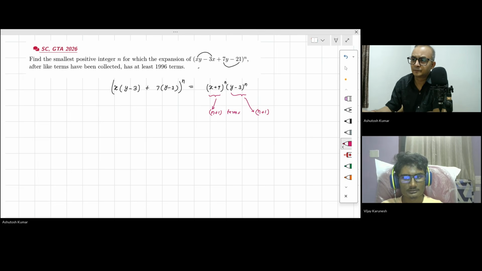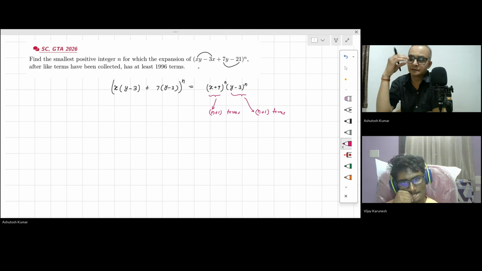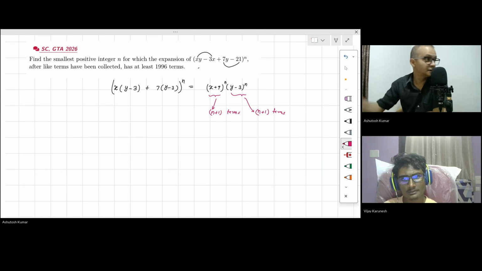Now the question says that after collecting all the like terms, so first we have to ask ourselves, will any like terms happen in this expansion? One might be possible, the multiplication of the constant parts.